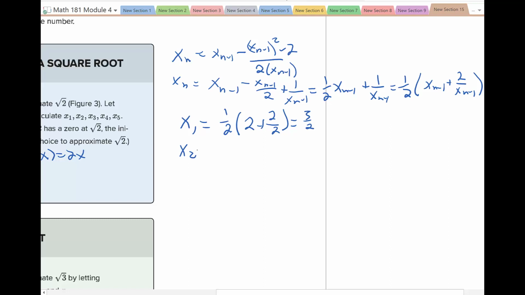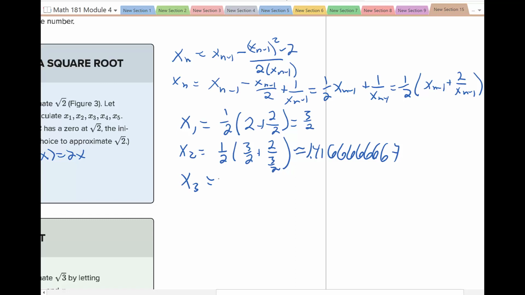Our x2 is going to be 1/2 times that 3/2 plus 2 over the 3/2, which gives us approximately 1.416666, kind of messy, 6666667. So for x3, I'm not going to write it all out. I used the calculator to get this next one. It's going to be approximately 1.414215686.